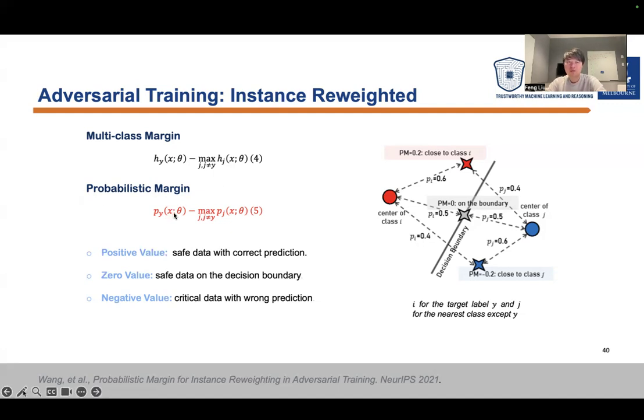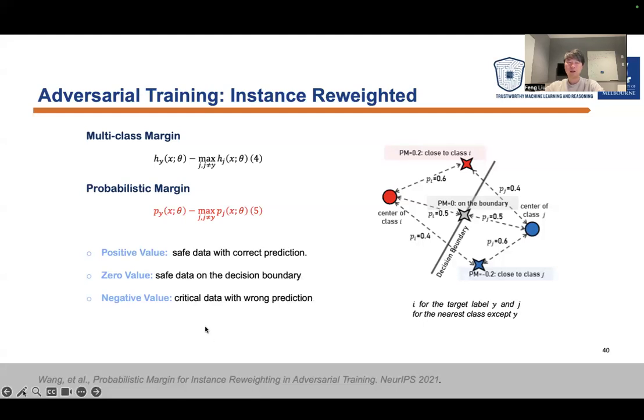When we consider this probabilistic margin, we know that a positive margin means safe data with correct prediction, because the probability corresponding to the ground truth label, py, is always the largest one among all logits. Zero value means safe data on the decision boundary.